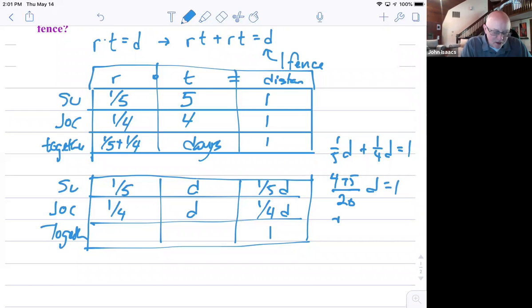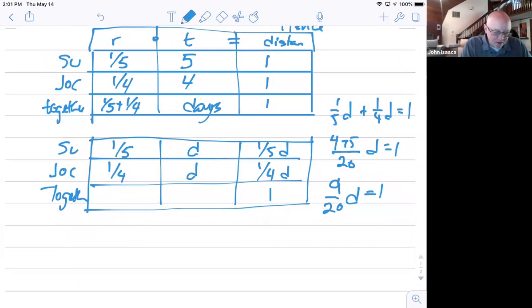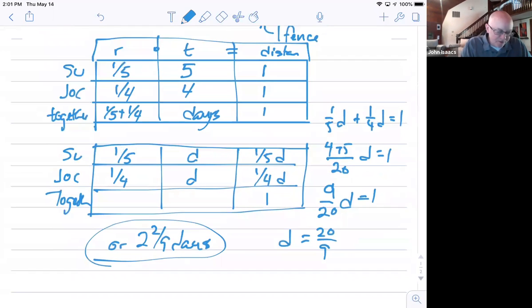So 9/20 D equals 1, and they're going to take 20/9 days, or 2 2/9 days, to paint the fence.